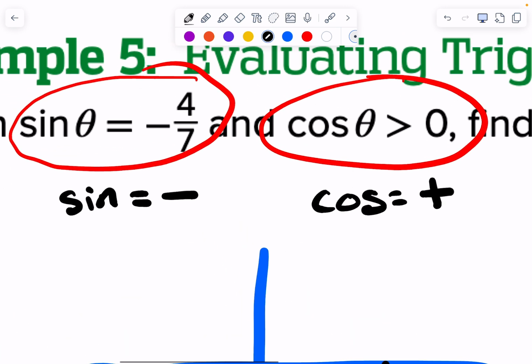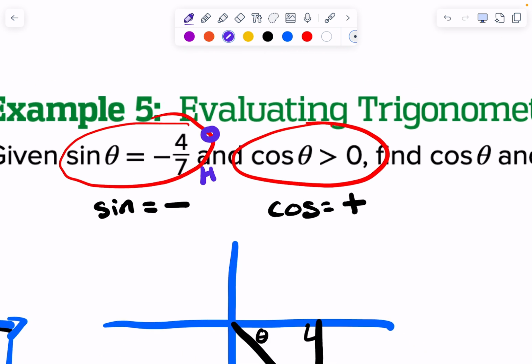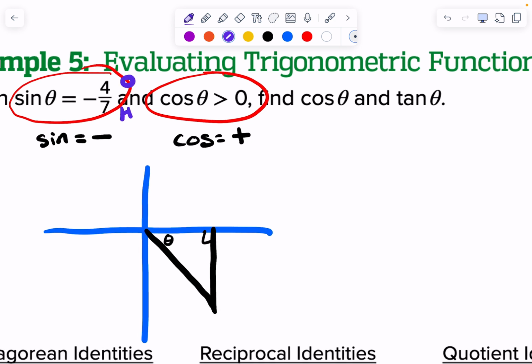They tell me sine, and sine is opposite over hypotenuse. So the opposite side is 4 and the hypotenuse is 7. The opposite side is the tall one in this diagram. That's 4. The hypotenuse is 7.